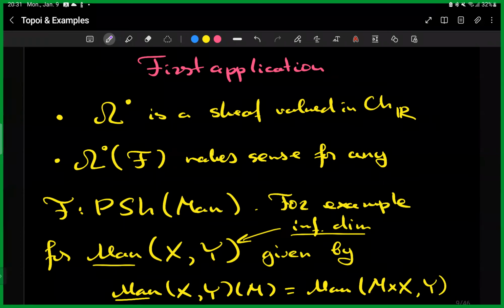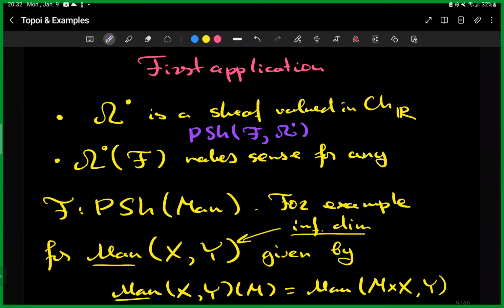So we just take the internal Hom inside of the category of presheaves from an arbitrary sheaf to our sheaf Omega dot. And we obtain something which is actually an appropriate notion of de Rham complex for an arbitrary sheaf on manifolds.